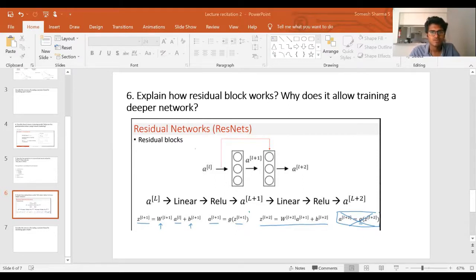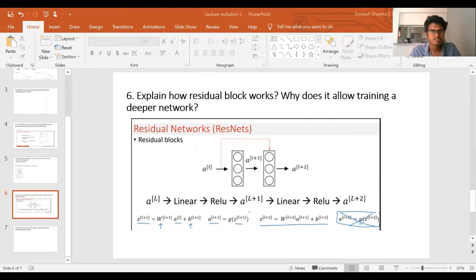And this will also pass through a non-linear function and get the activation for A of L plus 1. So the significance is when we compute the activation for the second layer in the residual block. When we actually compute the second layer, we add the input to the activation before we take the nonlinear activation.